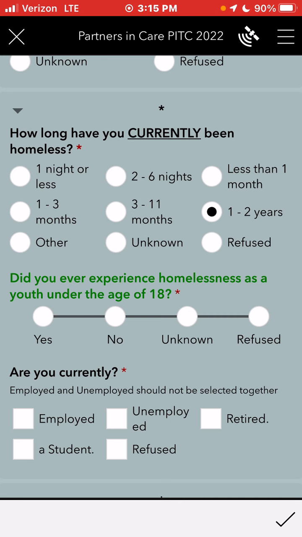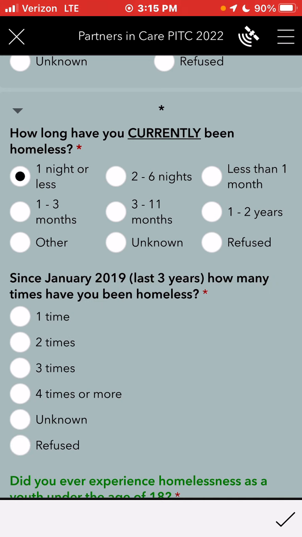However, if you press 1 night or less, 2 to 6 nights, less than 1 month, 1 to 3 months, or 3 to 11 months, an additional question will pop up below. It reads, since January 2019, the last 3 years, how many times have you been homeless? 1, 2, 3, 4 times or more, unknown, and then refused.